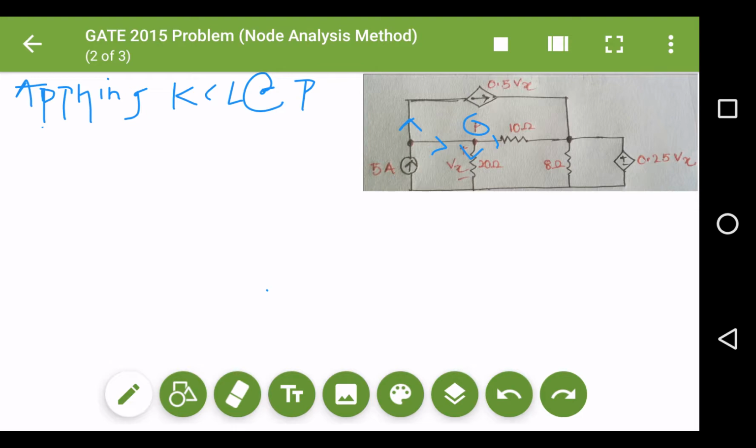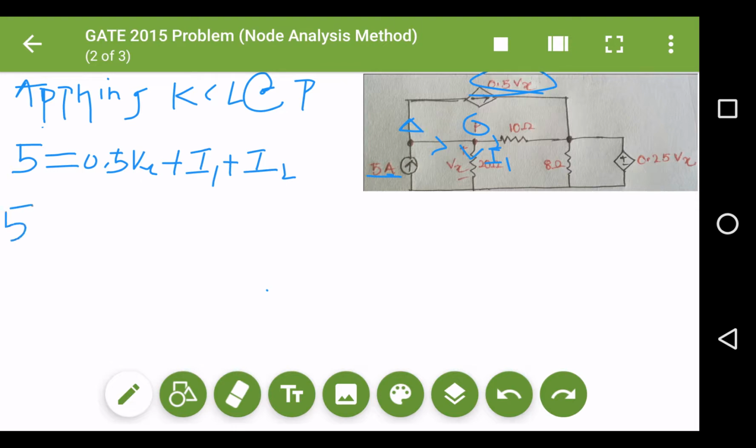So the 5 ampere current is coming inward. Only one current is coming inside the junction P, and all the other currents are going outside. The outgoing current has the value 0.5 Vx, so I write 0.5 Vx plus this current, that is I1, plus I2.